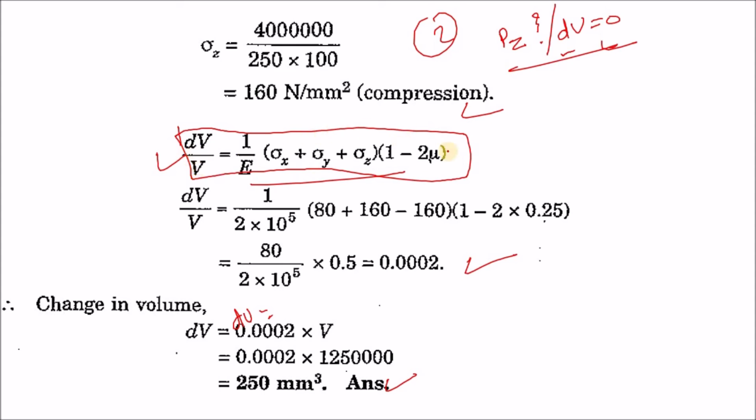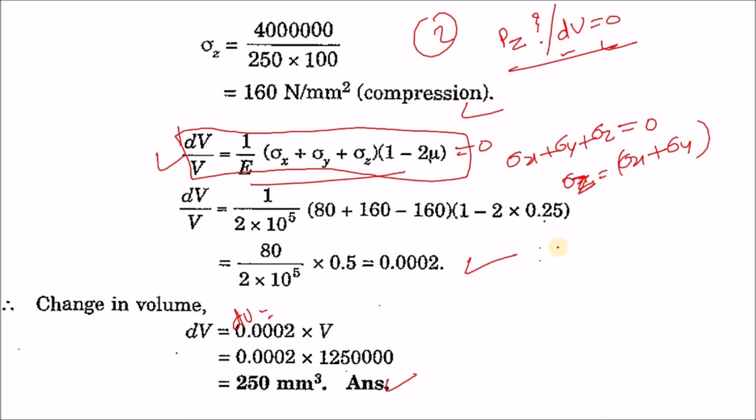If this is equal to 0, that means sigma x plus sigma y plus sigma z will be equal to 0. From that we can find sigma z equal to sigma x plus sigma y but opposite in sign, then the change in volume will be 0.